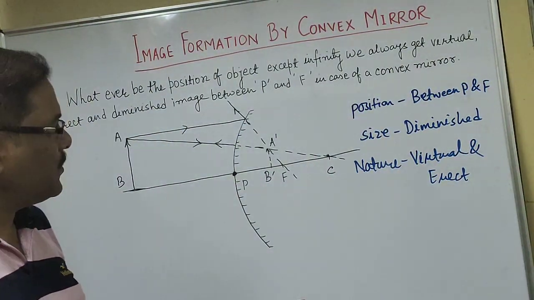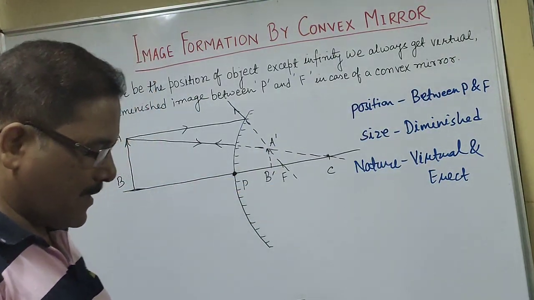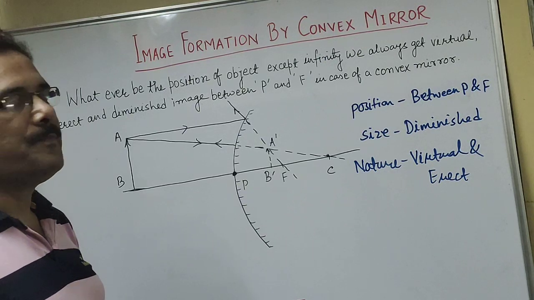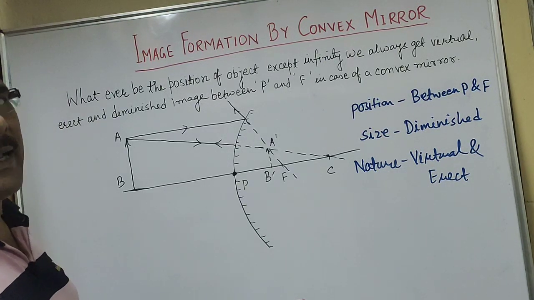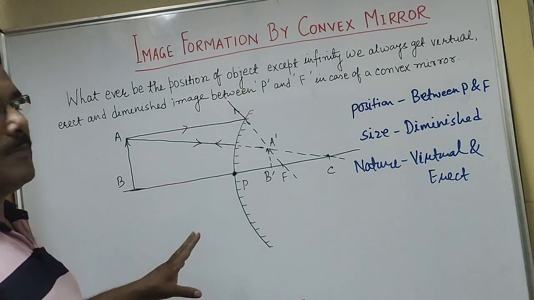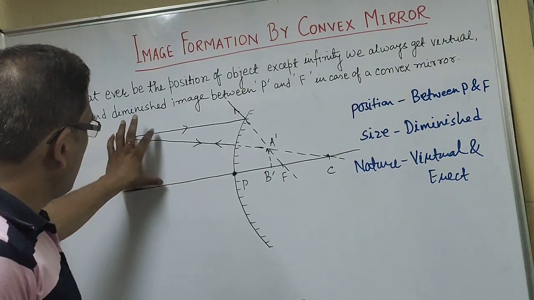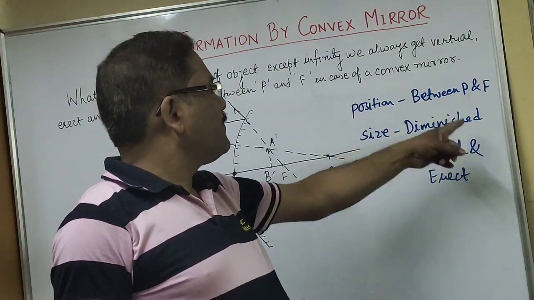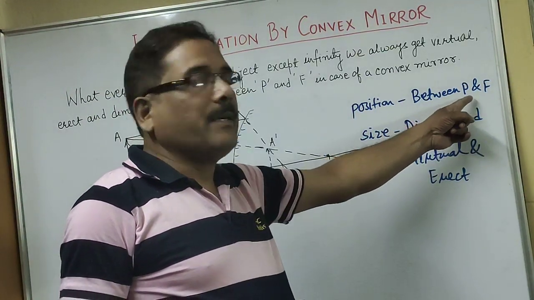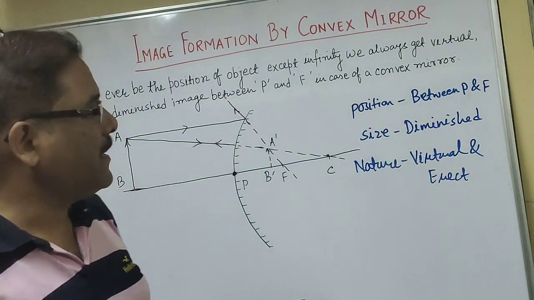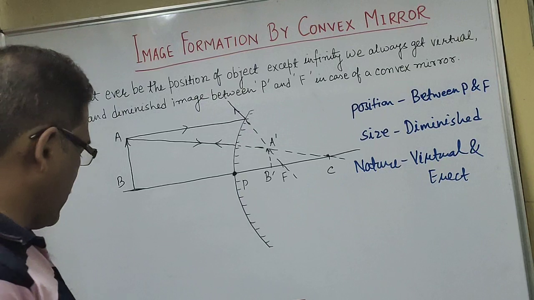This is true for all of the remaining cases. In the first case, when the object is at infinity, the image is formed at F. But for the rest of the cases, whatever be the position of the object, whether AB is here, here, here, here, you will always get the image between P and F. This image is diminished and its nature is virtual and erect.